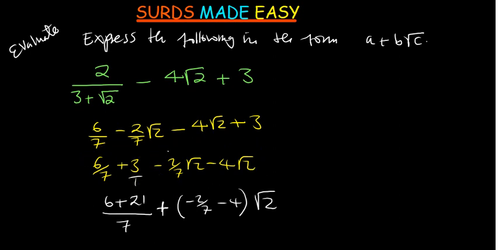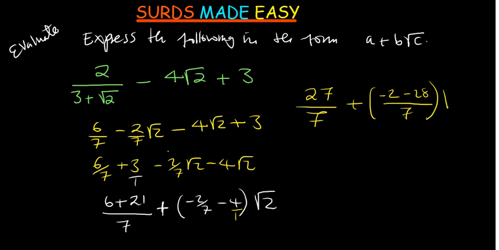So 6 plus 21, that is 27 over 7. And then we are saying plus. Also, this one is over 1. Negative 2 times 1, that's a negative 2. And then 7 times negative 4, negative 28. Over 7 times 1, which is a 7.